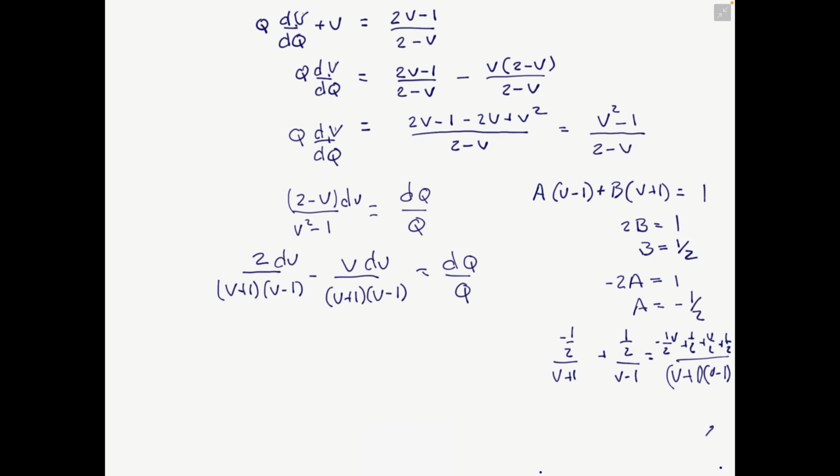And that's multiplied by 2, so we got minus 1 over (v plus 1) plus 1 over (v minus 1) dv, minus v on (v plus 1)(v minus 1) dv equals dq on q.